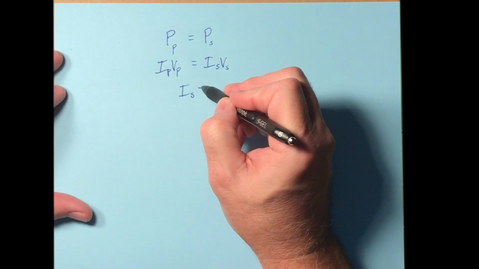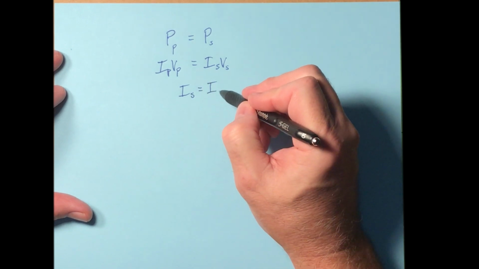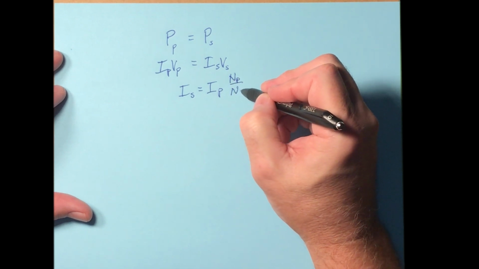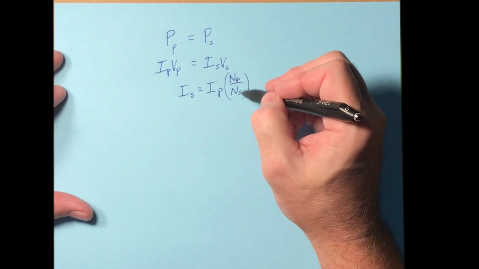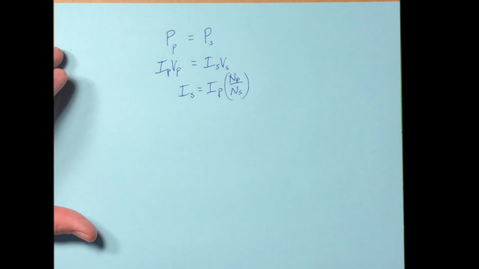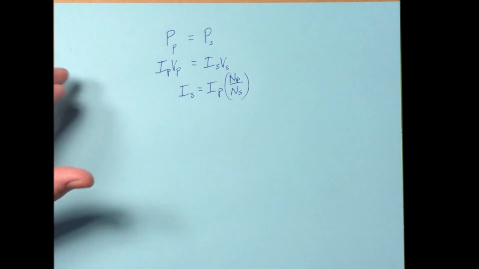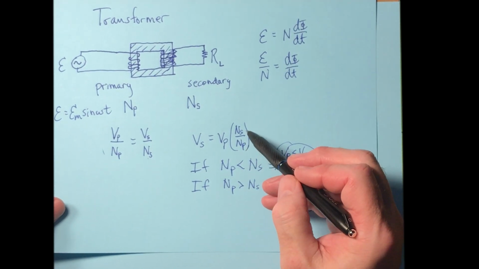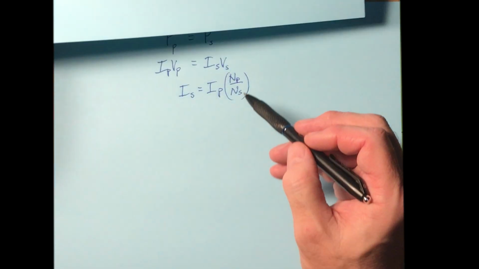I sub S then is equal to I sub P times N sub P over N sub S. So once again, we've got a ratio of the windings on either side of this. Now notice, just to remind you, this is the opposite ratio from this, okay?